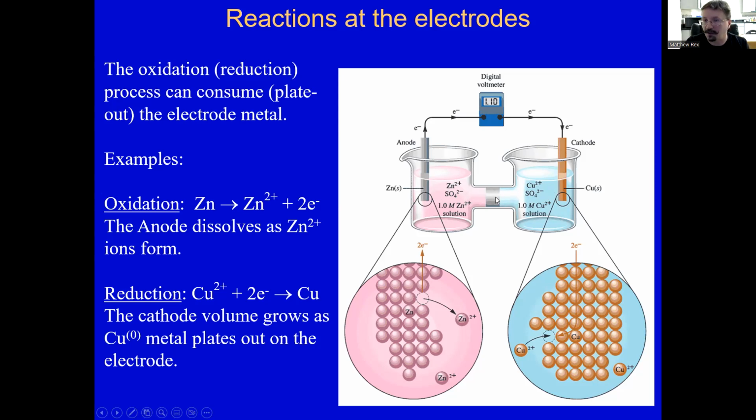And that's going to be something we call a salt bridge. Could be any other ion, but as we're producing positive ions here, it's going to put more negative ions into the solution to keep them balanced. And as we're removing positive ions from this side, it would be putting positive ions into the solution again to keep them balanced.